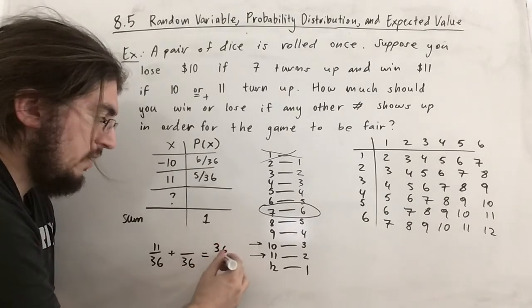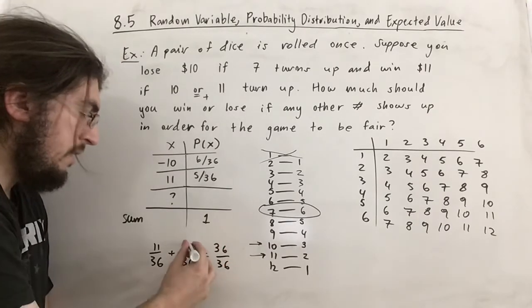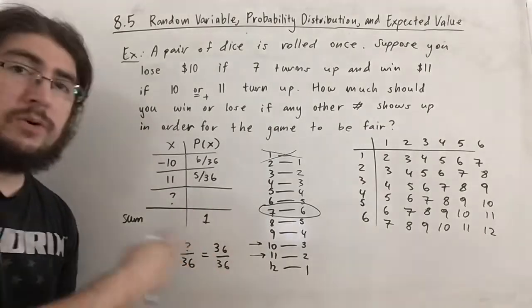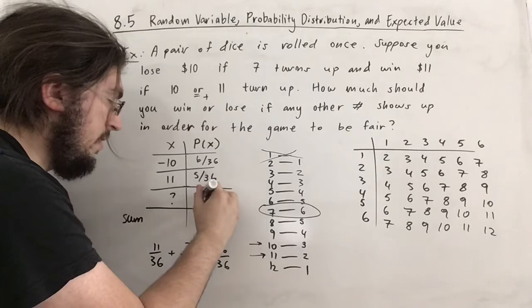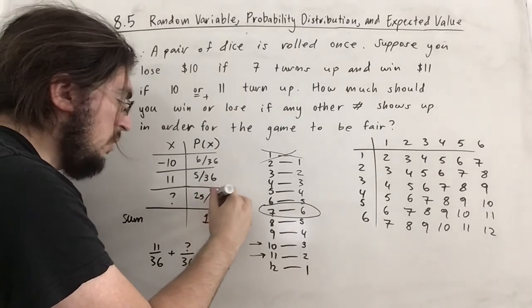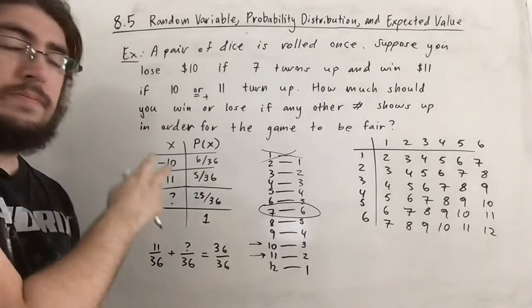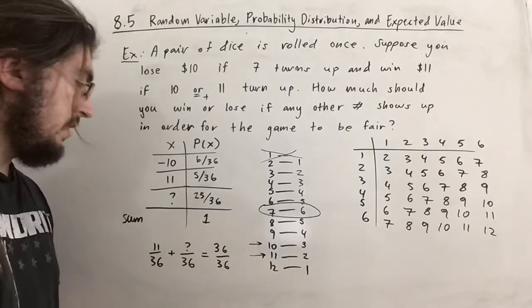Remember, 1 is 36 over 36. So really we need to find out what number you can add to 11 to make 36. That's of course 36 minus 11, which is 25. So it's 25 out of 36 ways of rolling any other number besides 10, 11, or 7, basically.